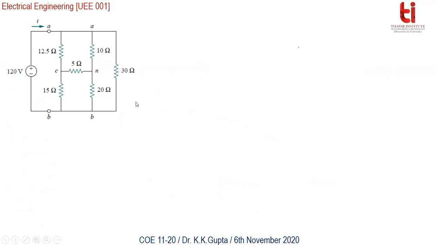So this was the network, and what I'm trying to do is I'm converting this delta into a star. So I'll redraw this network here.